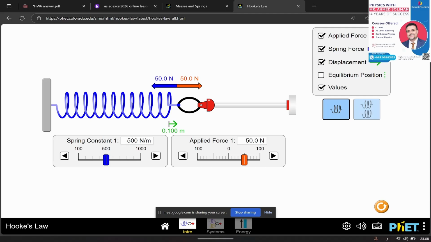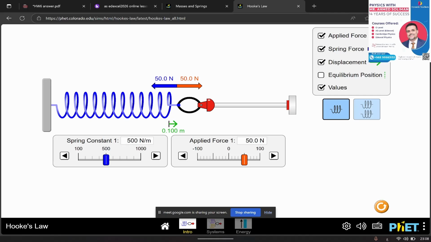Okay, now there is a hidden force which is called what? Because if there is a force exerted on the spring, the spring will exert a force on the person, for example. So we have two forces. The spring is in equilibrium, so the force exerted from the person on the spring, okay, and there is a force from the spring to return to its original shape.